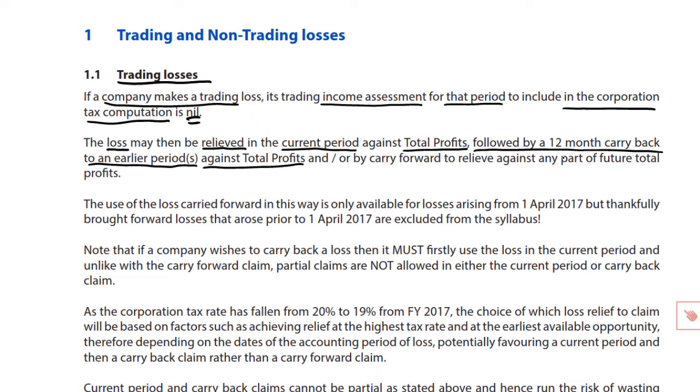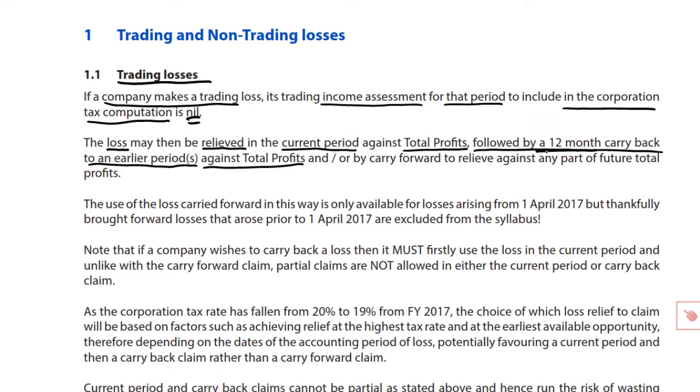So in which case, if we had now a loss-making period that was preceded by, say, a 9-month chargeable accounting period, then the carryback of 12 months would cover all of that previous 9-month chargeable accounting period, and as we'll see in a later example, it would go on to cover a further 3 months of the accounting period prior to it.